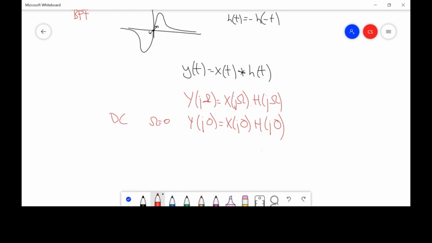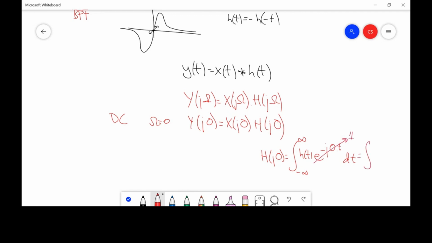H of j omega 0 is the integral of h of t times e to the minus j times the frequency 0 times t, dt. So this exponential is 1.